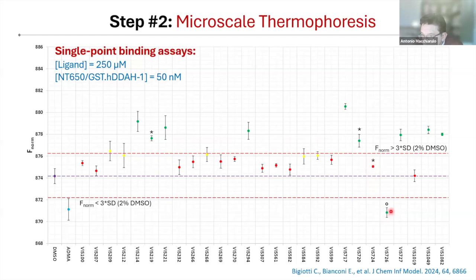And here we can see 726, the compound that yielded the best binding energy in terms of G-score. It is able to induce a different thermophoretic movement with respect to the other compounds that have been tested.